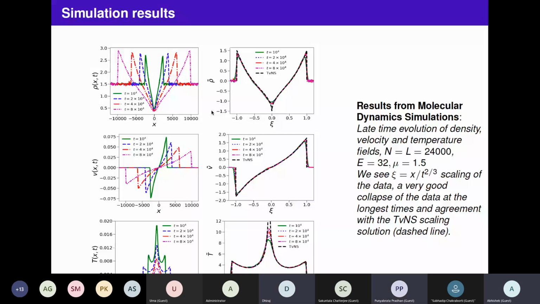Maybe Dheeraj, you can briefly describe what you saw. Sir, in the rho(x,t) versus x plot, at the x equals 0 point, I can see that there is some difference in slope, like the slope abruptly changes around x equals 0.